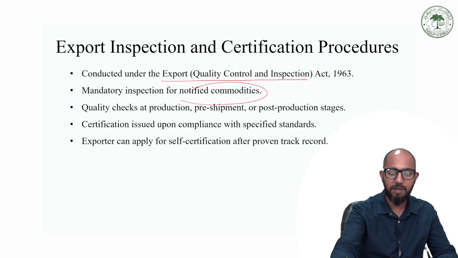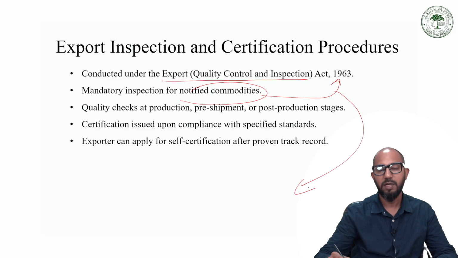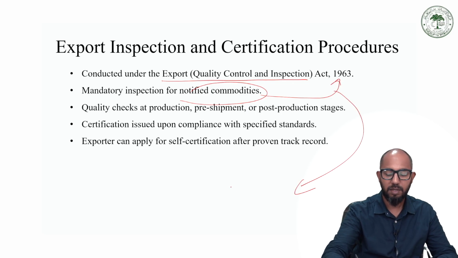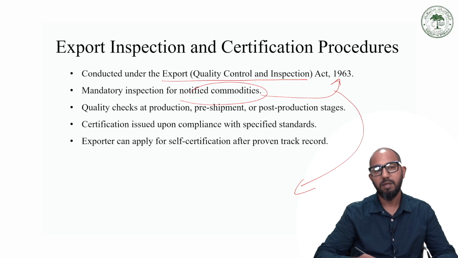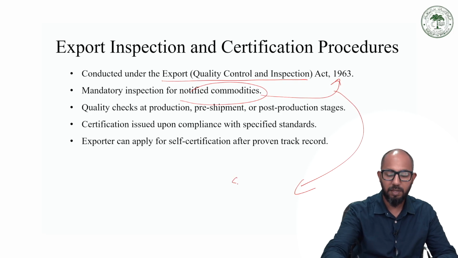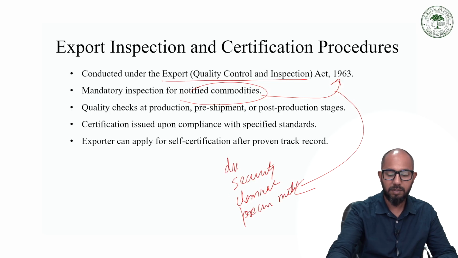Notified commodities come under this act, and generally these are the commodities that require specific inspection because they may be related to security, they may be related to chemicals, they may be related to some precious metals, certain kinds of drugs, etc.